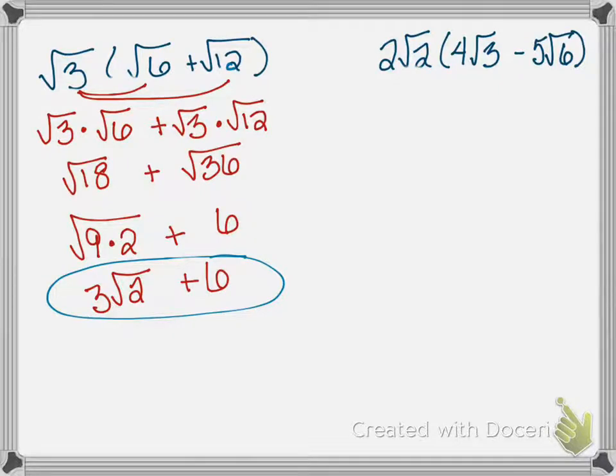Okay, we're going to do the next one the same way. So 2 on the square root of 2 times 4 on the square root of 3. 2 on the square root of 2 times 4 on the square root of 3 is going to leave me with 8 on the square root of 6.